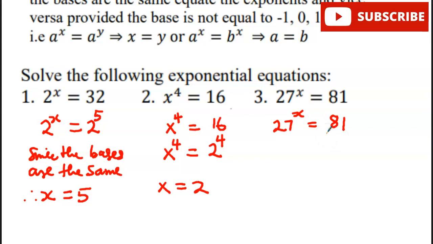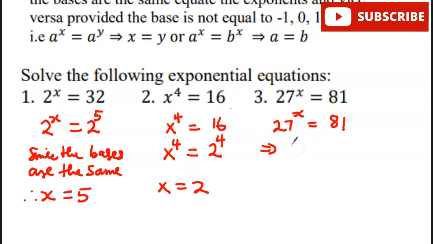So what you need to do is, yes, it's true that the bases are not the same and there's no way that we can express one in terms of the other. But the purpose is to make sure both sides are in the same base. So we need to find a number in terms of which we can express 27 and at the same time 81.